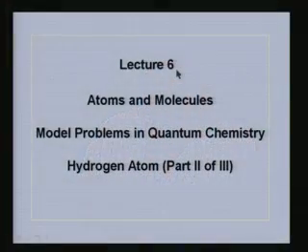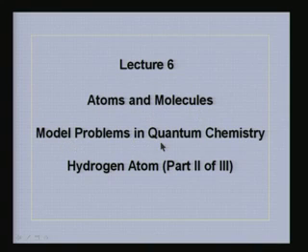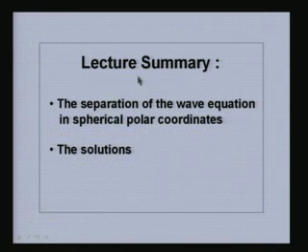So in today's lecture, which is lecture number 6 on atoms and molecules, part of the model problems in quantum chemistry, we will continue to look at the hydrogen atom, and we are only going to look at two things.